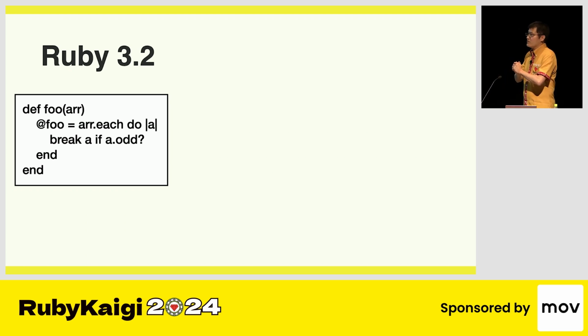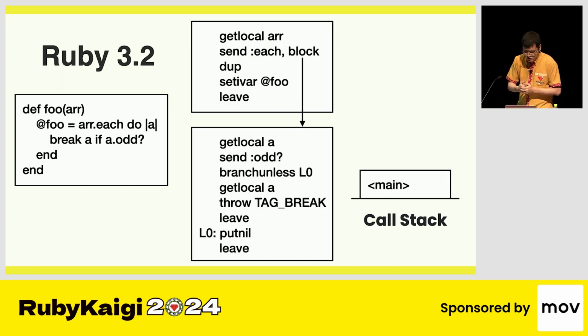And break seems like a pretty safe operation in a block. However, internally in the Ruby virtual machine, it's called the throw tag break instruction. So it does throw an exception in the Ruby virtual machine world, and then it's handled by the catch table to handle the exceptions, like internal exceptions.